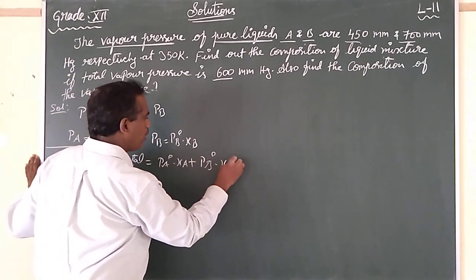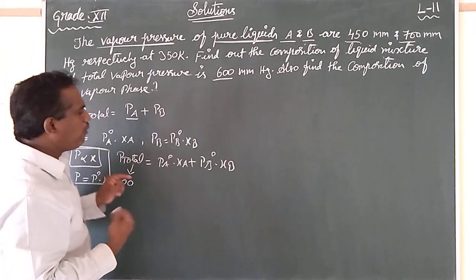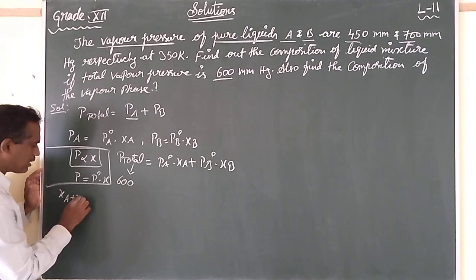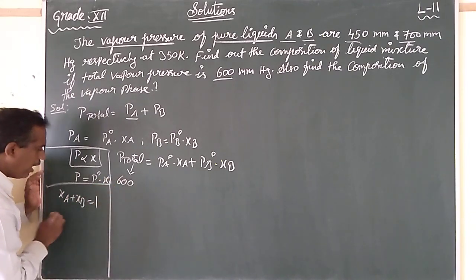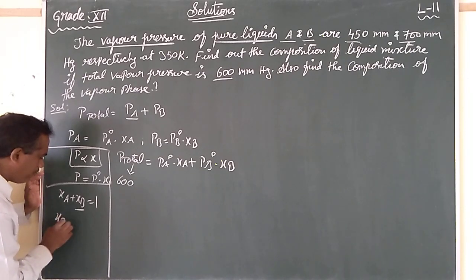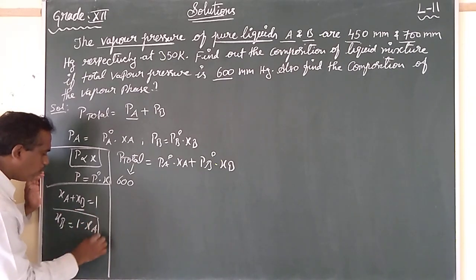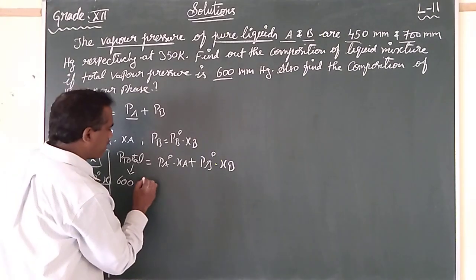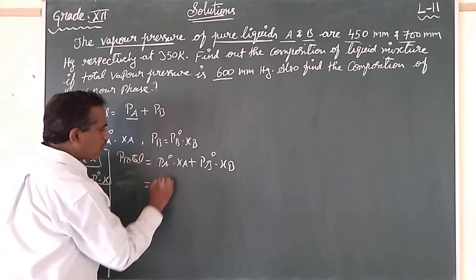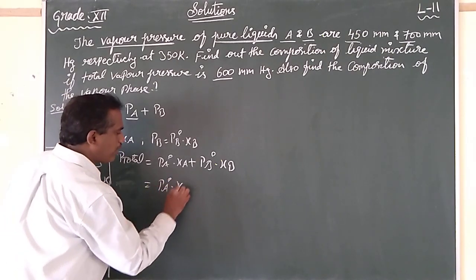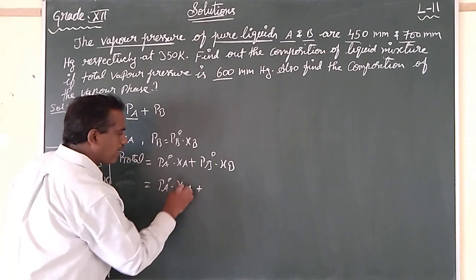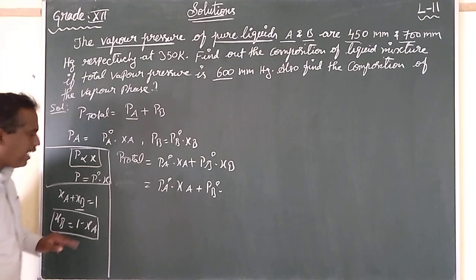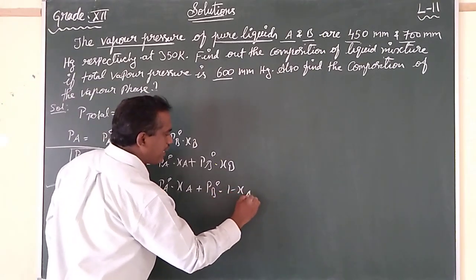PB naught into XB. Here I want to take one key point: the sum of the mole fractions will be equal to 1. If you want only XB, we can also write it as 1 minus XA. So PA naught into XA plus PB naught into XB, where XB is written as 1 minus XA.